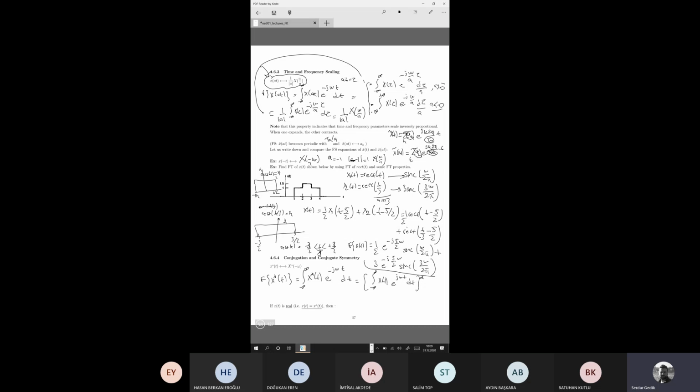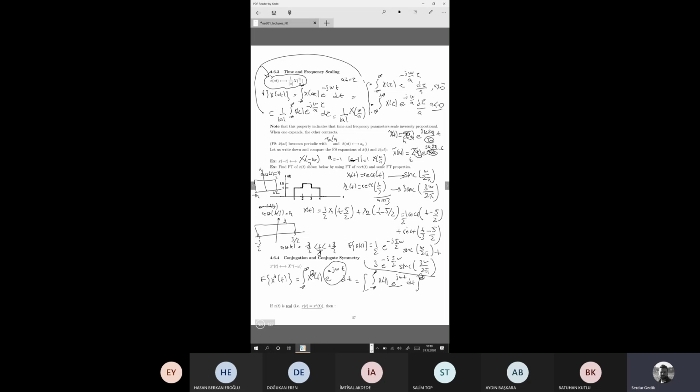So I have done nothing but put this conjugate on the outside. But of course, there is this e to the power minus j omega t. I should also take its conjugate as well. So the conjugate of this one is nothing but this plus term. So I have x of t e to the power j omega t dt in the integral.